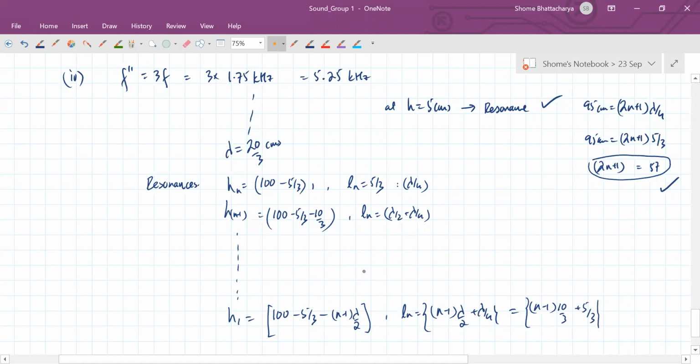So you get a series like this. You'll see that the first member of this series is going to be less than 5 centimeters when you actually work it out. So there'll be more number of resonances.